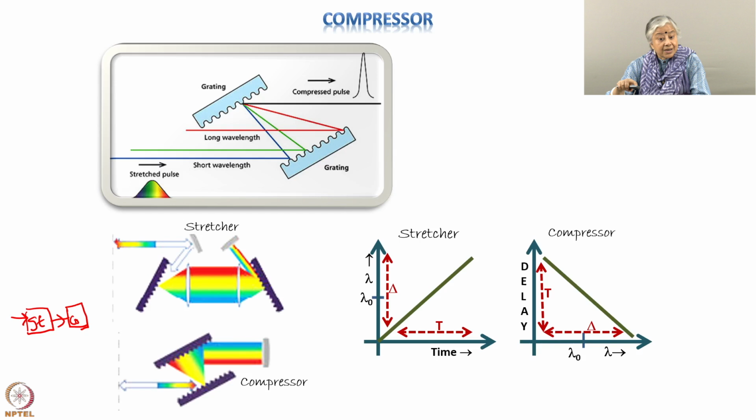Then you will always get back that original temporal pulse which you put in, because they are exactly compatible with each other. No amplifier in between. You put the pulse into a stretcher and you get it back from the compressor. There will be no aberrations, nothing. You will get that ideal pulse back again.